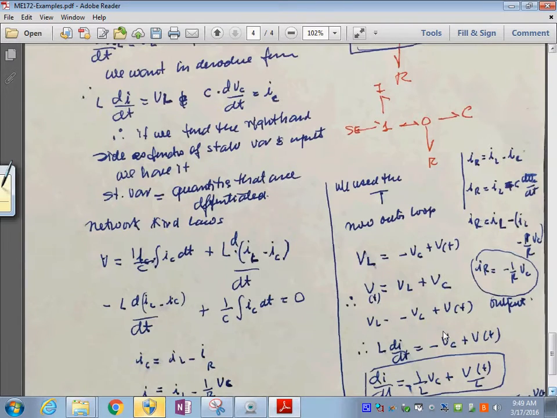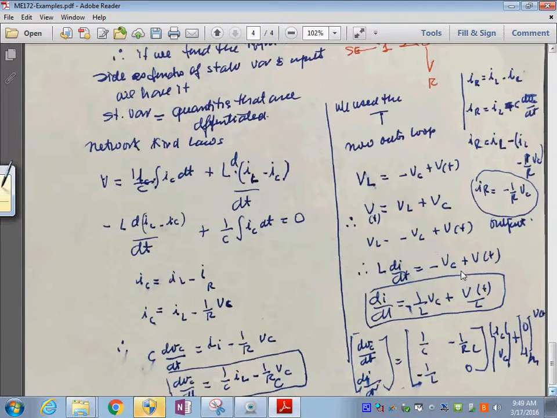If there are no algebraic loops, they will be pretty straightforward. If not, they will be like the example I did last time. Hope this clarifies a little bit more. You have that in chapter 3 in your textbook, and see how to get the state space form.